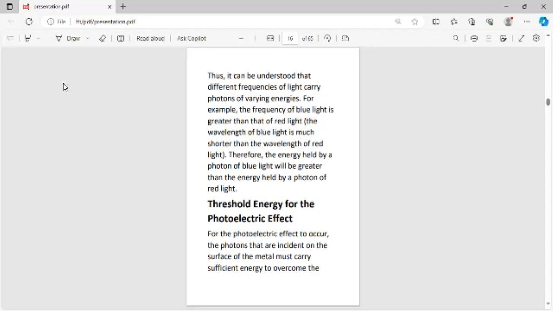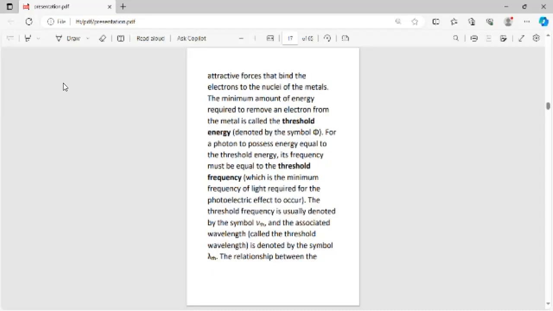Threshold energy for the photoelectric effect. For the photoelectric effect to occur, the photons that are incident on the metal must carry sufficient energy to overcome the attractive forces that bind the electron to the nuclei of the metal.